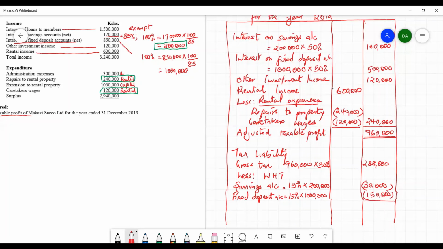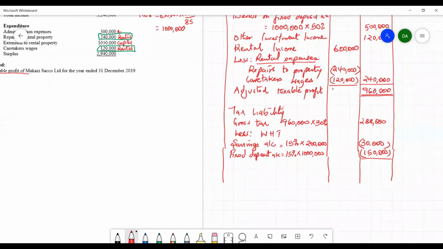We therefore need to deduct the withholding taxes from the gross tax liability. And if we do that, we remain with a total of 108,000.